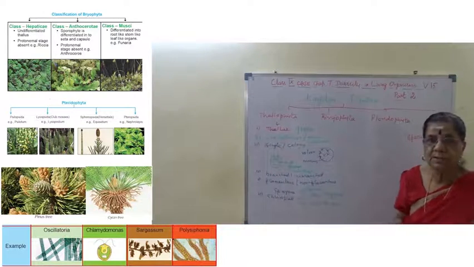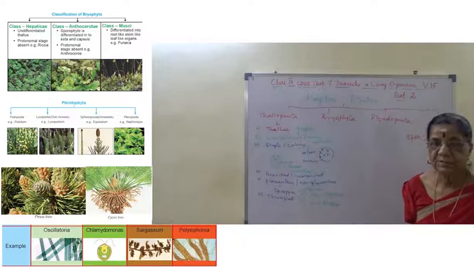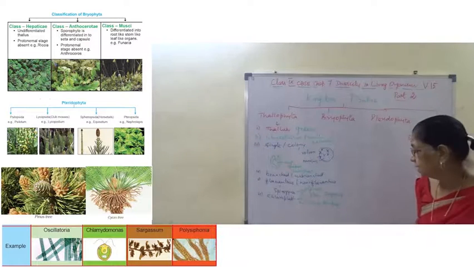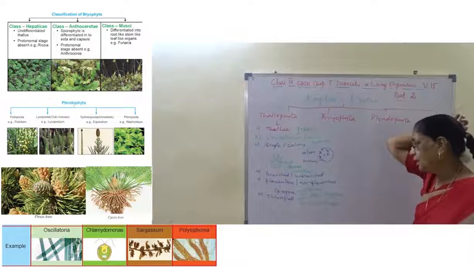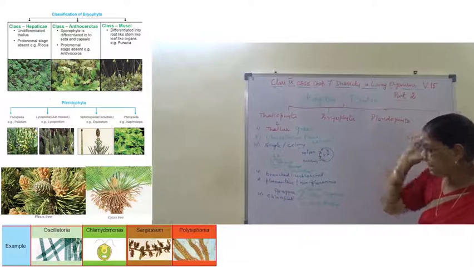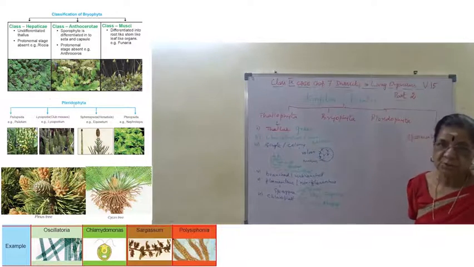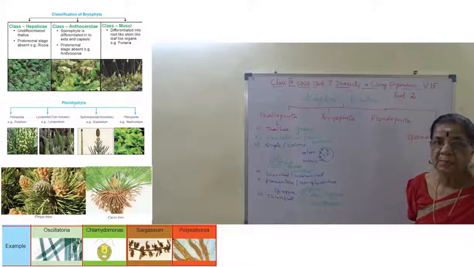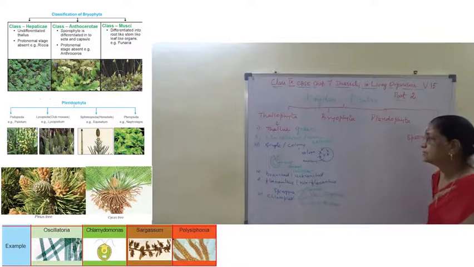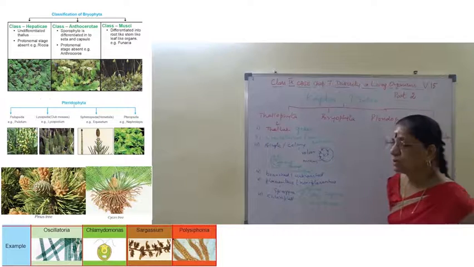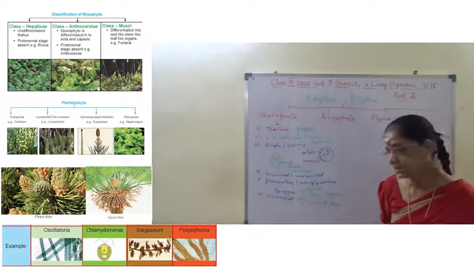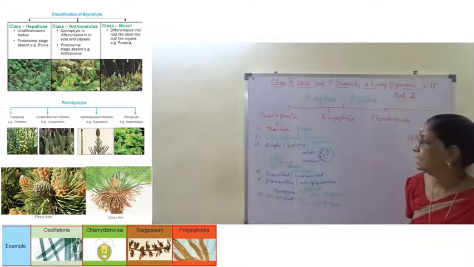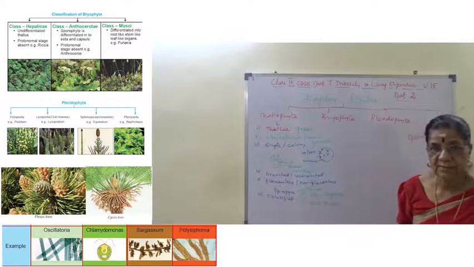Presence of chloroplast is the characteristic feature, and these chloroplasts may be spiral as in Spirogyra, star-shaped as in Zygnema, and cup-shaped in Chlamydomonas. Are you clear? So these are the characteristic features of the first major division, as given in our textbook, Thallophyta.